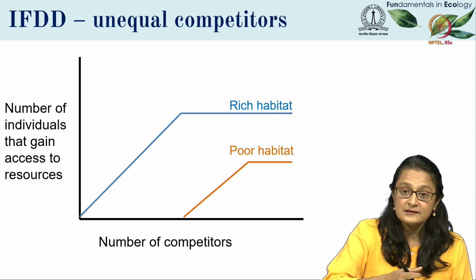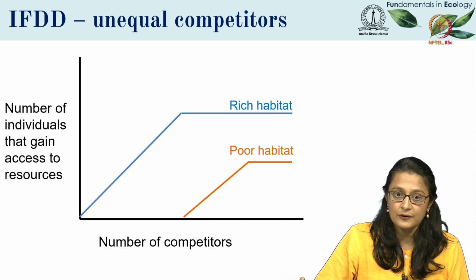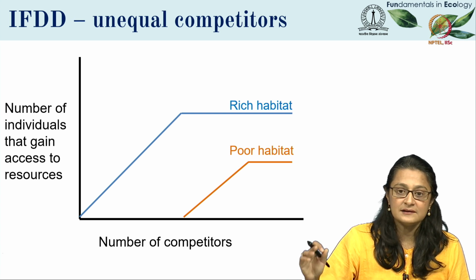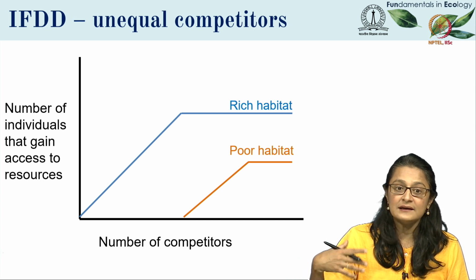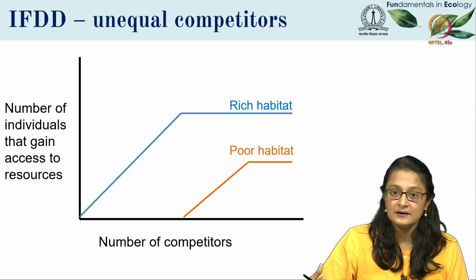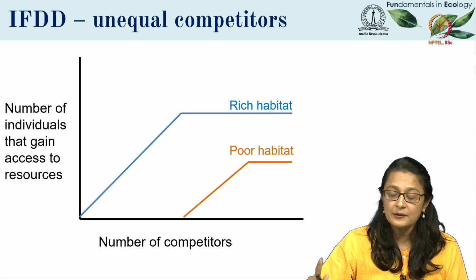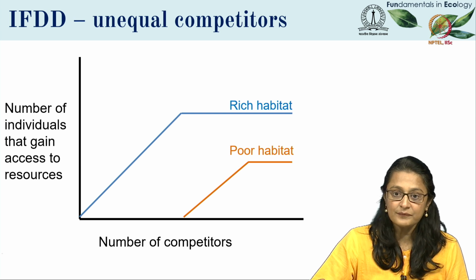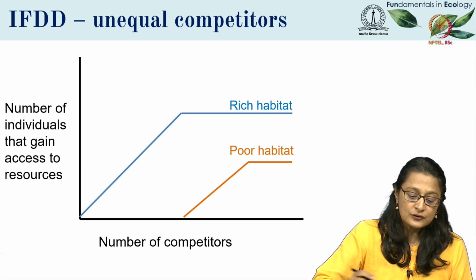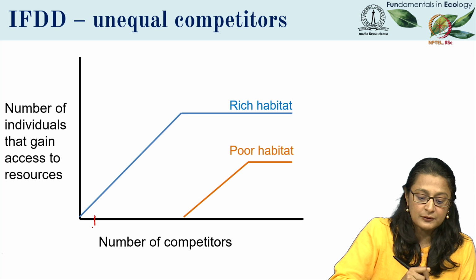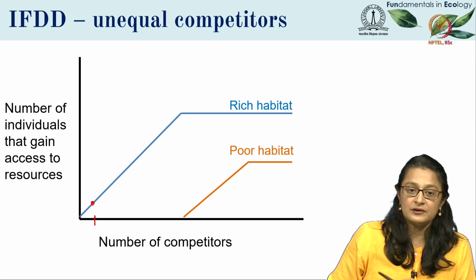So now we can draw this rich habitat, poor habitat in a slightly different way. On the x-axis is the number of competitors like before, and the y-axis is the number of individuals that can gain access to resources in each of these habitats. So it's not the rate of gain, but the number of individuals that get to be in that habitat. The first competitor that comes to the environment should go to the rich habitat.